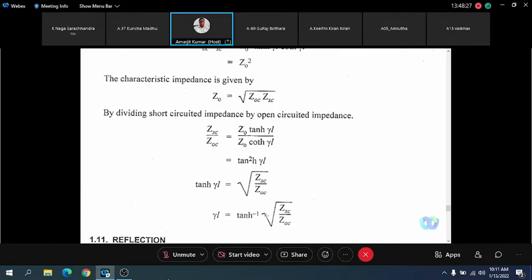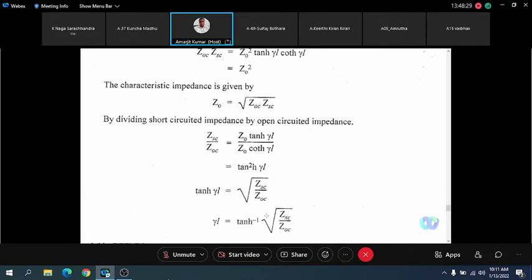So propagation constant and characteristic impedance of the transmission line you can calculate if you have open circuited and short circuited input impedance. So you can calculate alpha, beta and Z0. These are the secondary constants.